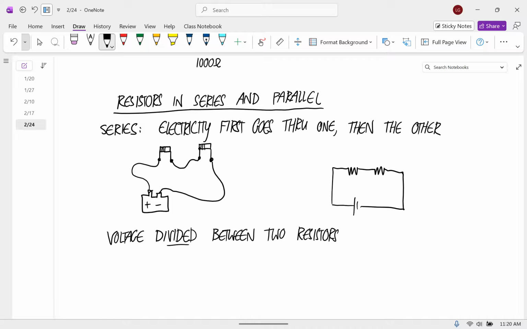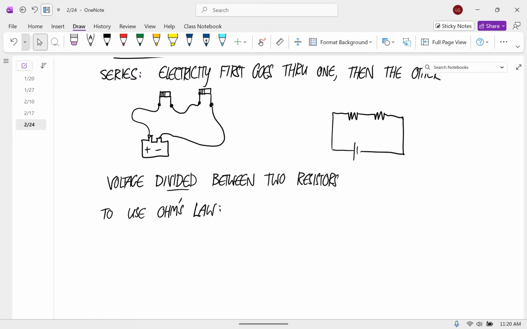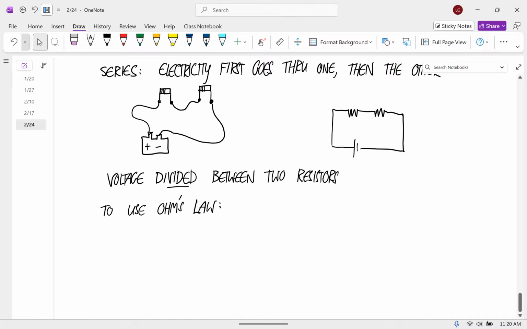And so in order to calculate the current that goes through these, to use Ohm's law, first imagine that these two are just a single resistor.